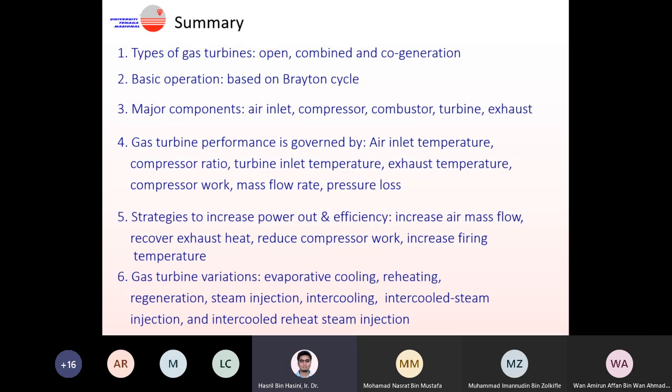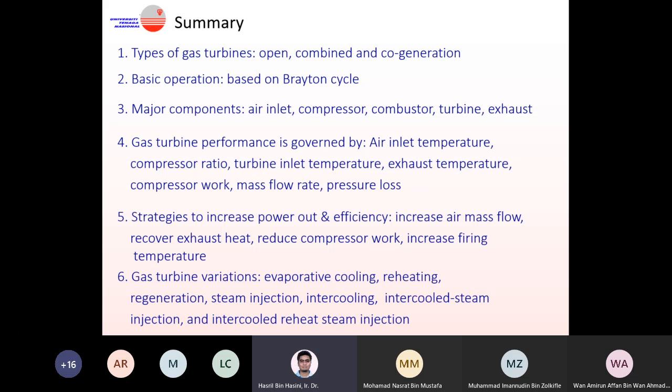All right, so those are the typical methods adopted by most of the power plant operators or gas turbine operators in terms of getting the efficiency as high as possible.